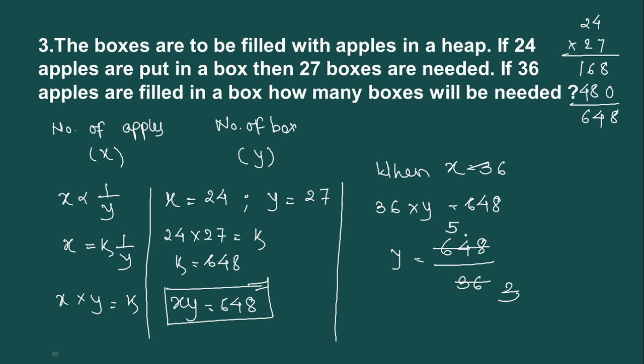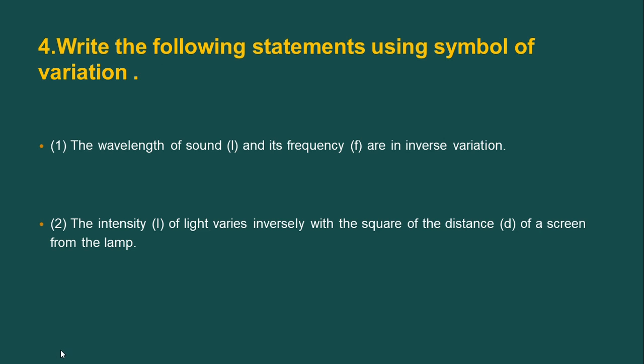Then 12 5s are 60, 4 will be carry. Then again divide this 54 with 3. 3 1s are 3 and 3 6s are 18. Okay. So see, if you are inserting 36 apples in one box, how many boxes will be needed? Ultimately, you will be needing 18 boxes. So in this way, if the number of apples in one box increases, the number of boxes required will decrease.